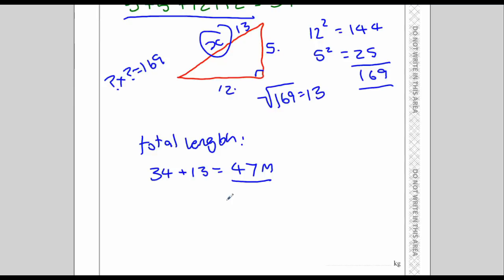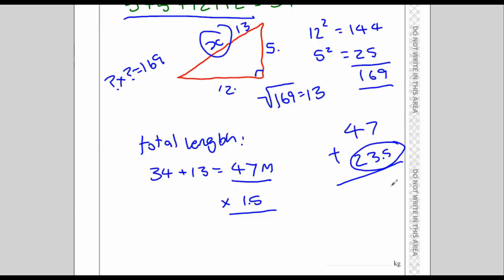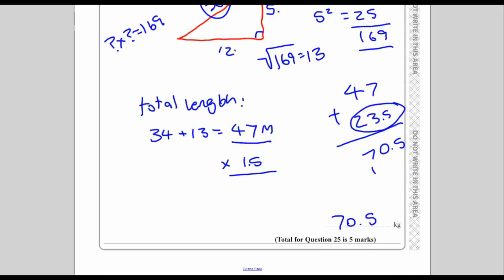Okay, so times by 1.5. Half of 47, divided by 2, you get 23.5. Add them together, you get 70.5. So your answer is 70.5 kilograms. And you get 5 marks for that.